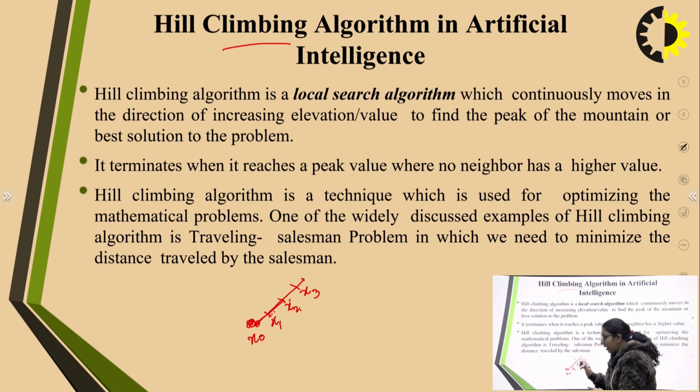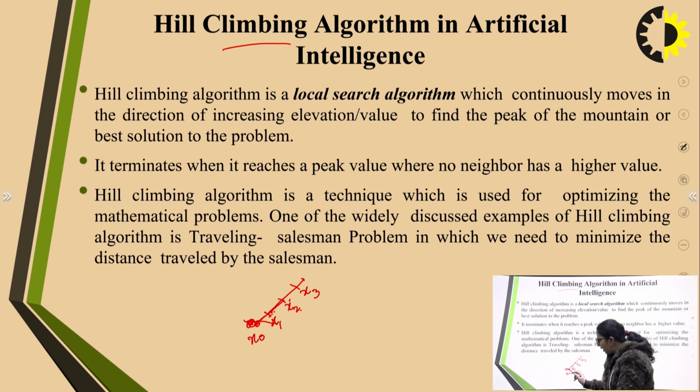To find the best or most efficient solution, we are comparing the values of the solutions. Here you can see the value of x. When we are at x0, we find it is a good value, but we need the best value.